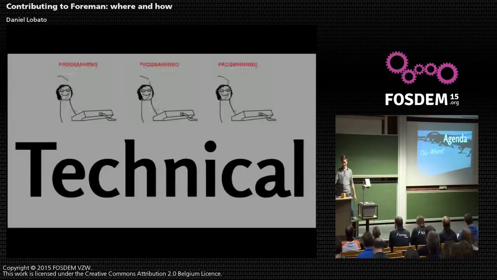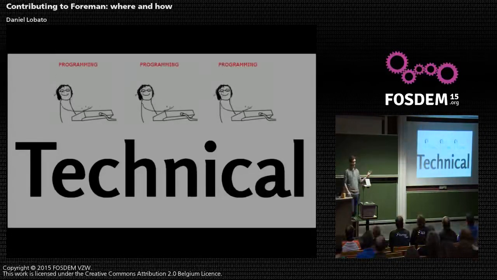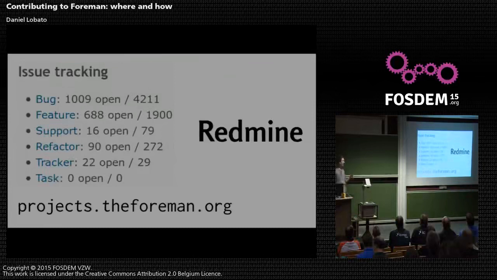Okay, so where in Foreman? Let's start with the most obvious one, technical contributions and how to do them. Our process is very simple. We have a public issue tracker, the URL right there, projects.theforeman.org. You can create issues if you use Foreman and you want to tell us that something is not working as it should.